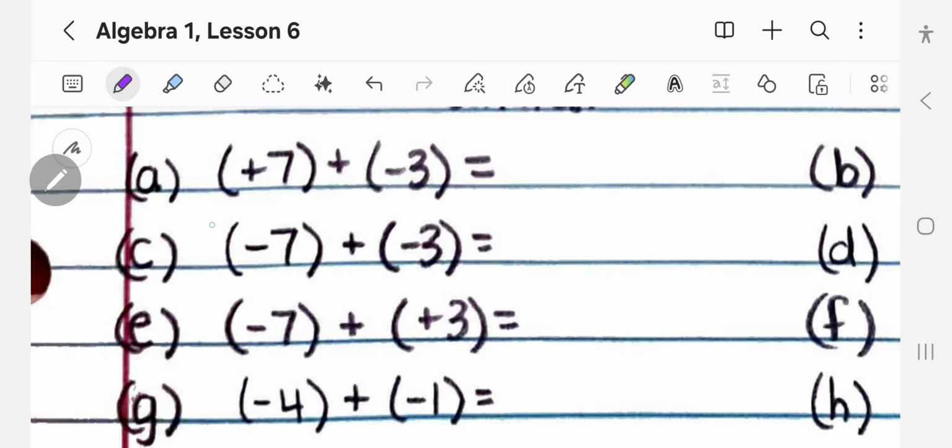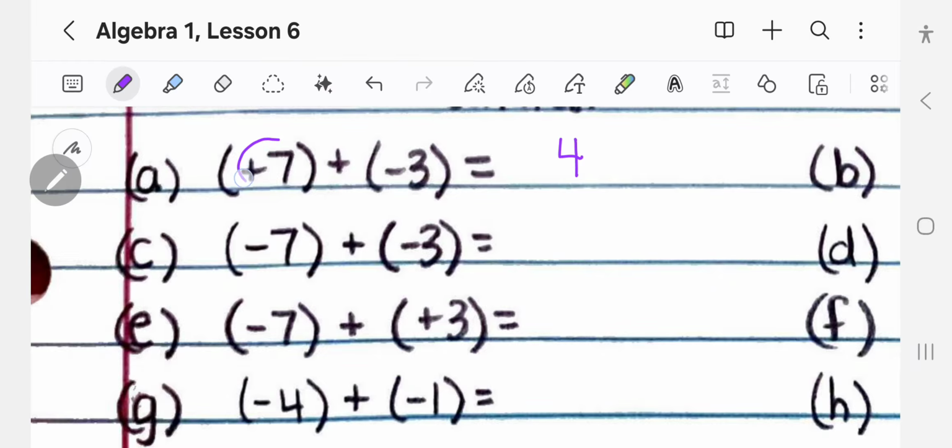All right, so for A, I have a +7, and I'm adding a -3. If you think number line, I'm going to the right 7, turning around and going back 3. So I'm not going to add these two. I'm going to subtract them. They have different signs. 7 minus 3 is 4. Then I have to think, okay, is it going to be positive or is it negative?